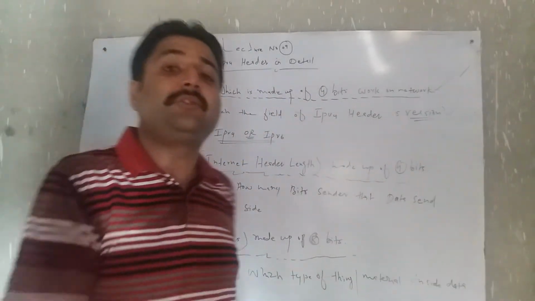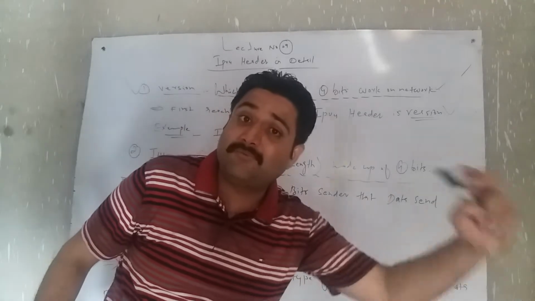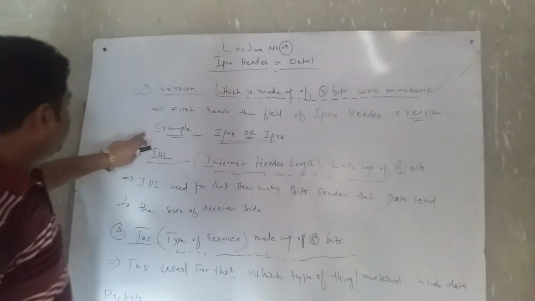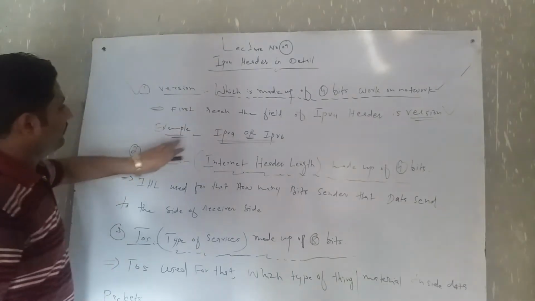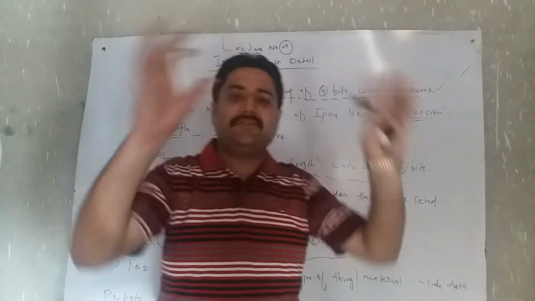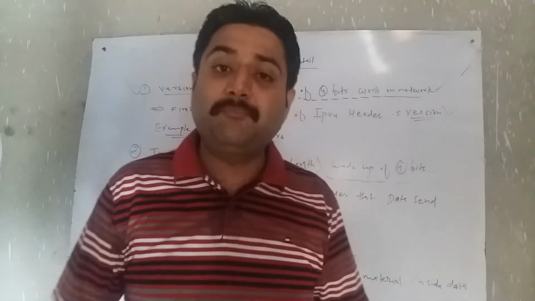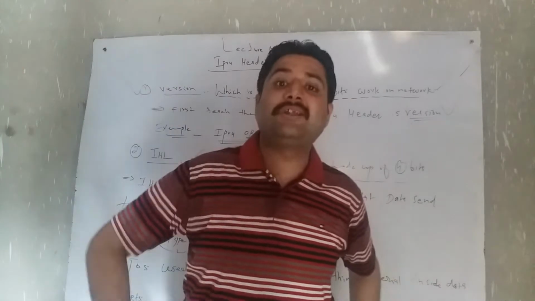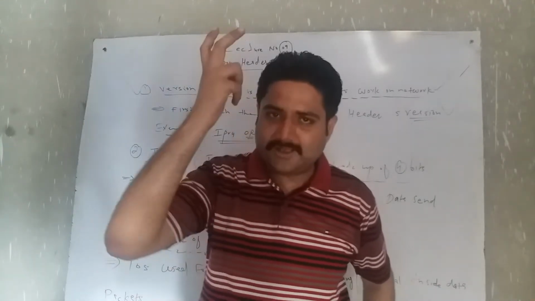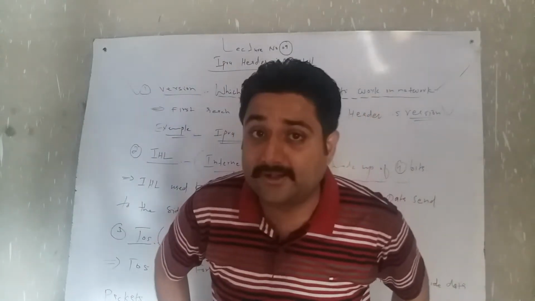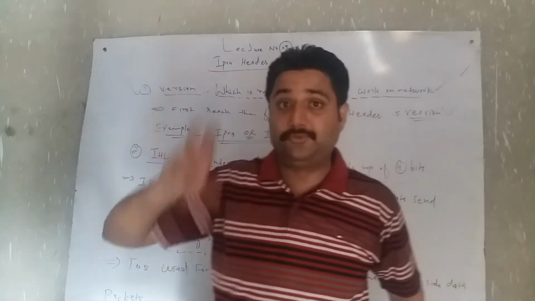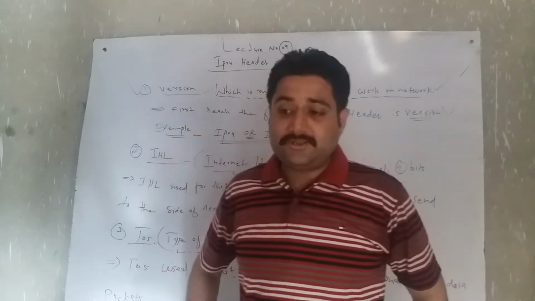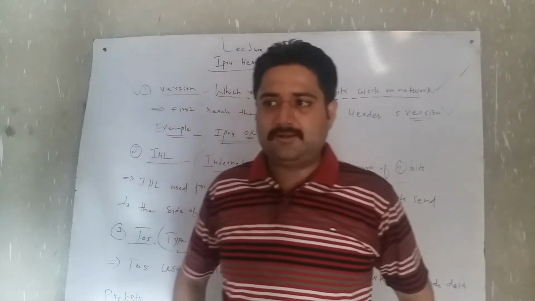The version field tells which version the sender used, IPv4 or IPv6. There are basically 2 versions in use on the internet and in networking. First is the IPv4 version, on which I have conducted a lot of lectures.